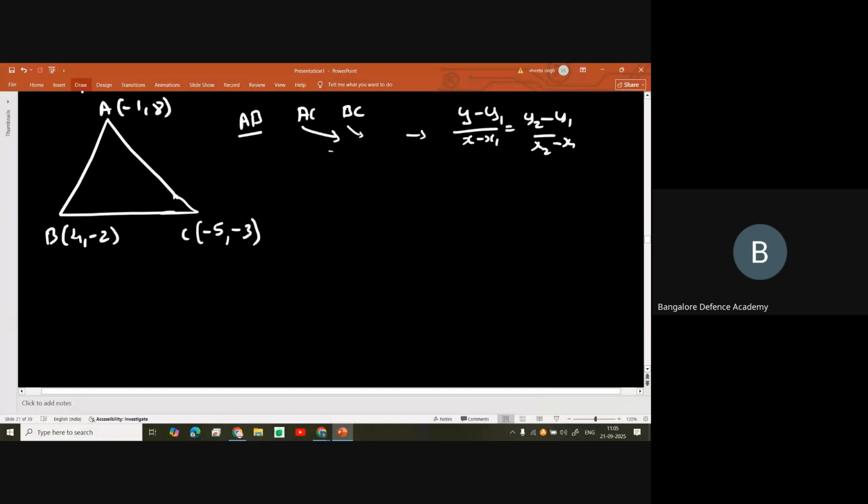Anyone who got the equation of AB? Sir, AB is 2x plus y is equal to 7. 7 is wrong.